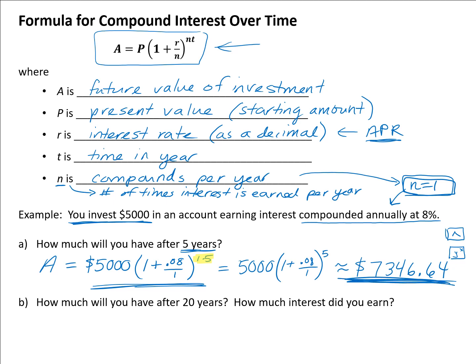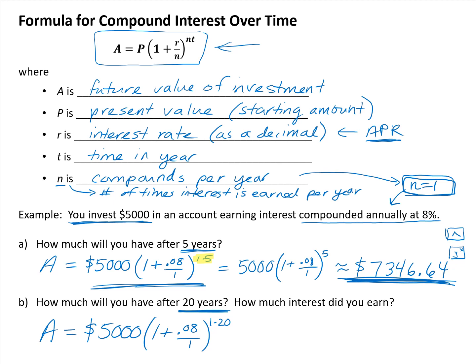And I should say 5 separate calculations of interest. That doesn't include adding the interest on to the previous balance. So this is much quicker. And you can imagine if we were to go out 20 years, how much nicer this formula is. The only thing that changes if we go out 20 years is the time. Everything else would stay the same. So we have 5,000 times (1 plus 0.08 divided by 1) to the 1 times 20.